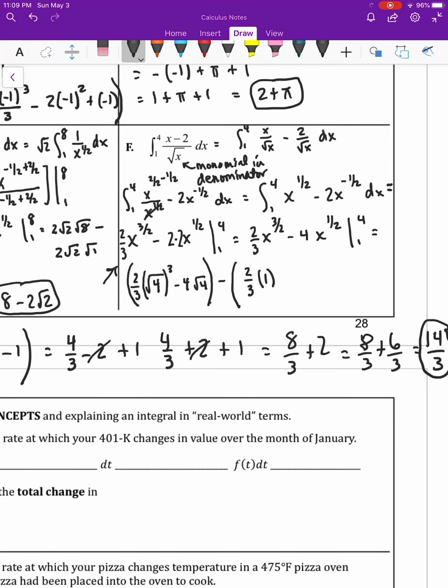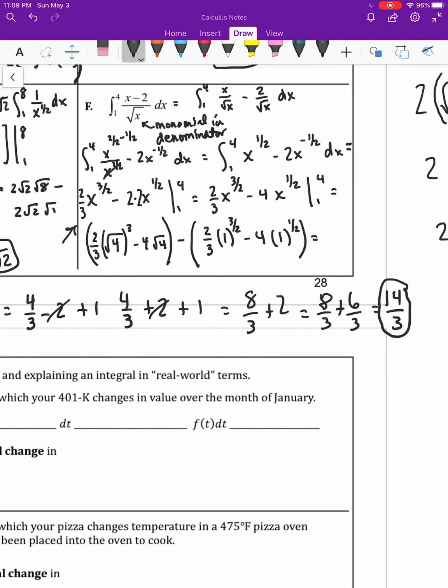So there's my putting 4 in for x. And then minus, now I'm going to put 1 in for x. And if you have 1 to any power, it doesn't matter what power 1 is being taken to, it's always going to give you 1, okay?